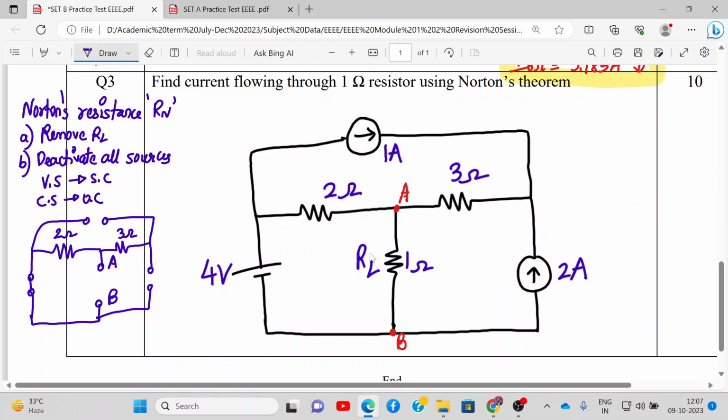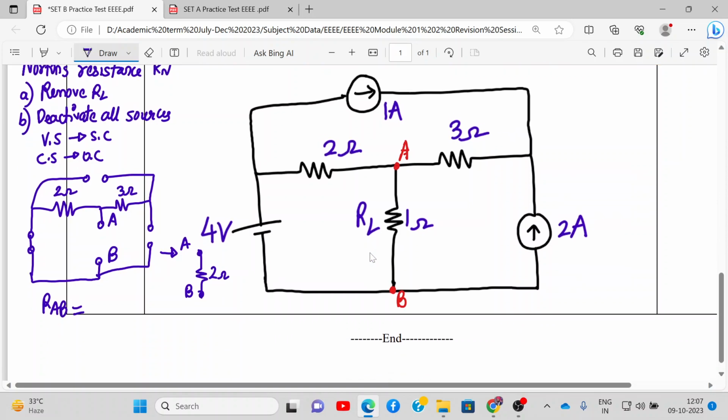So if you see carefully, we need to find the equivalent resistance between point A and B. RAB is nothing but 2 ohm resistance, right? So this diagram we can draw again as 2 ohm, point A and point B. Because the 3 ohm resistance here is open circuit, it will be redundant.